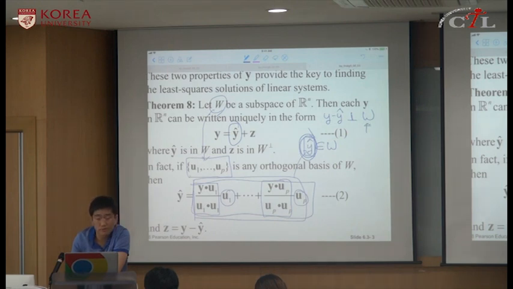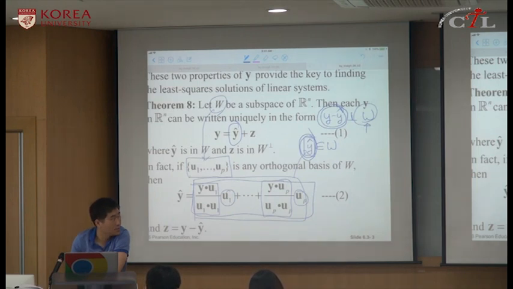So if this vector should be orthogonal to any vector from W, then what is the equivalent condition? This vector should be orthogonal to each of our basis vectors of W, right?